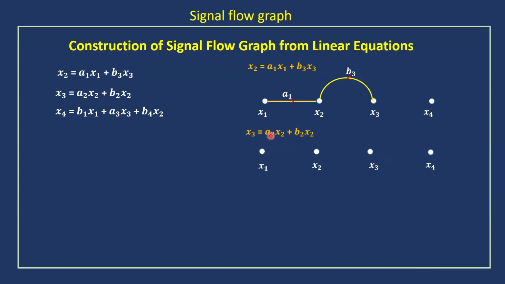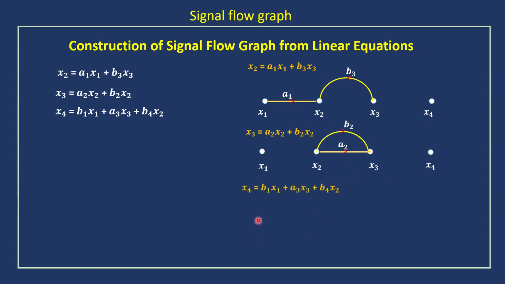It should come from X2. We can represent the line like this. And then B2 X2. From the X2 node, another gain has to be connected. So it can be represented by a curved line, B2. Now X3 equal to A2 X2 plus B2 X2.